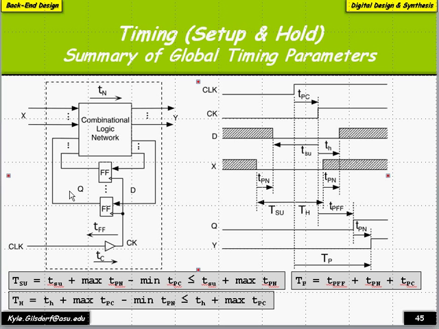So let's see if we can get a picture of this. This is basically what that path looks like. The hold time and everything else relatively follows the same philosophy. We look at the minimum of the propagation.